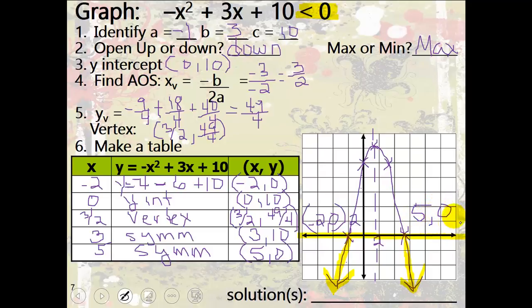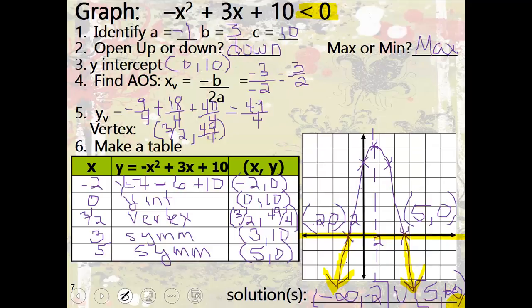Notice that my x's keep going further to the left underneath this x-axis. So this is going to go from -∞ to -2, and then it's going to stop because then it goes above the x-axis, and then it's going to pick up again from 5 to +∞. Where is my graph below the x-axis?